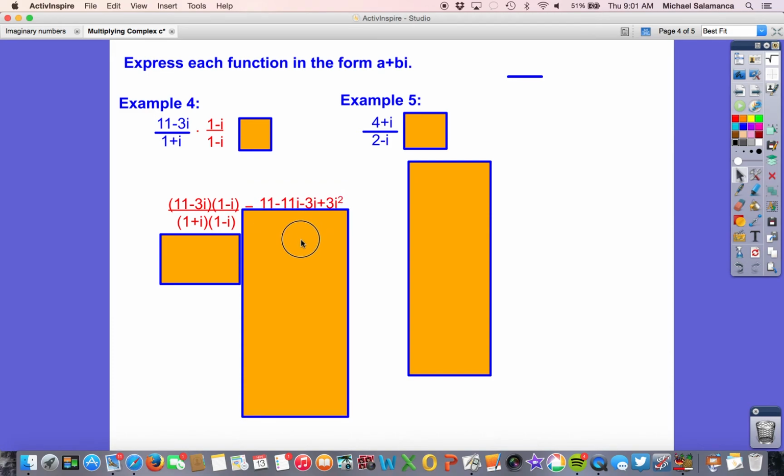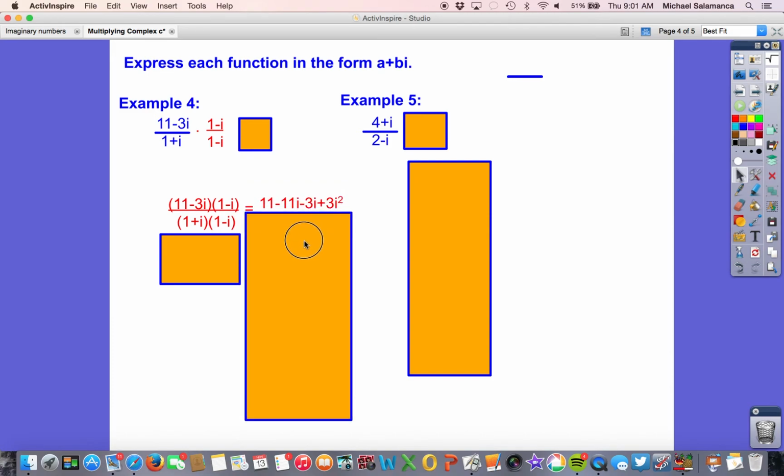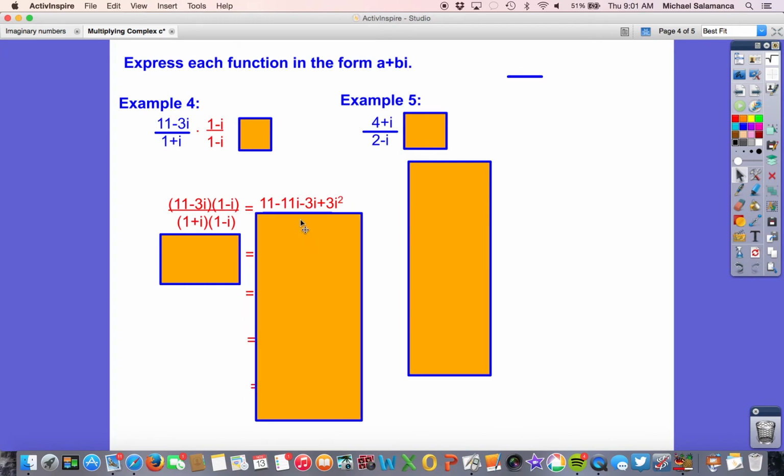Now what we're going to do is slowly FOIL that out. So when you FOIL the numerator, this is what you get. You get 11 times 1 is 11, 11 times negative i is negative 11i, negative 3i times 1 is negative 3i, and negative 3i times negative i is positive 3i squared. The bottom, we do the same exact thing.